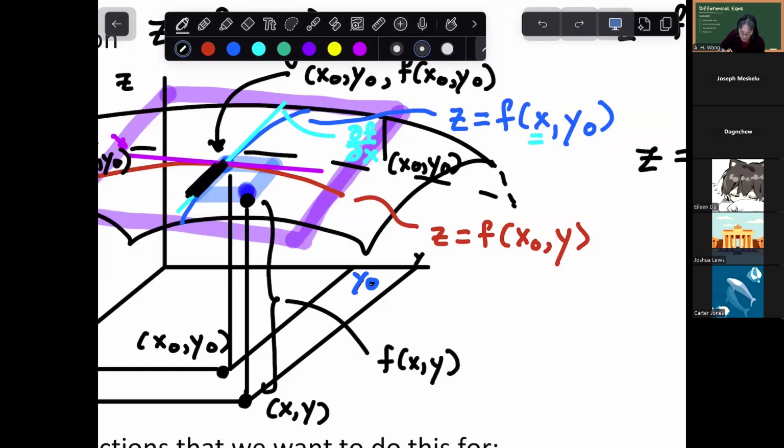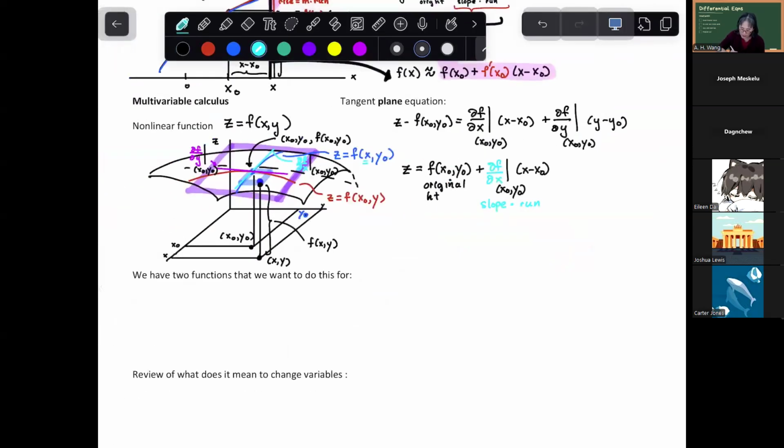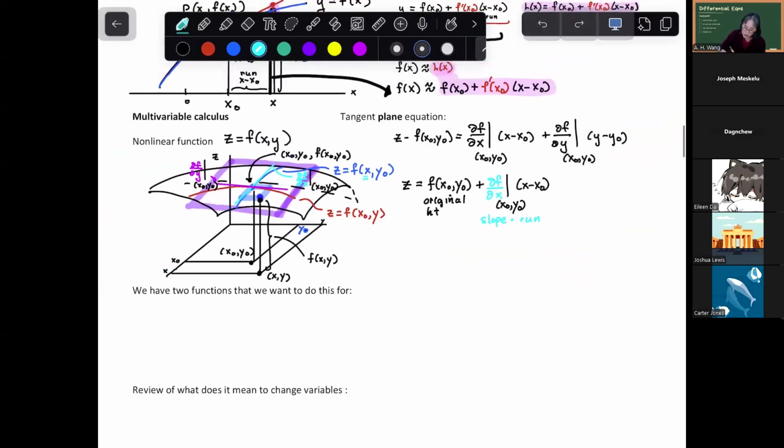You're sliding this way along the tangent line, so you're going to have a certain rise. This is slope times the run in the x direction, because the blue here is parallel to the x direction. Then we're going to do the pink: slide in the y direction.